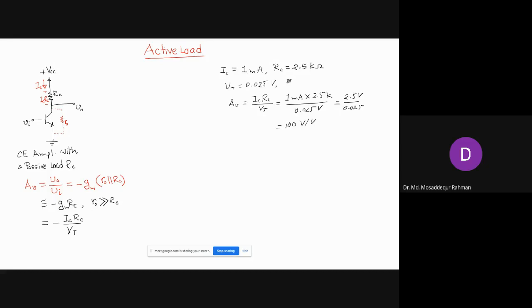We don't need a very high power supply. The higher the voltage level here, the higher the power loss, and the higher the amount of power the power supply has to supply, because the input power to this amplifier is VCC times IC.